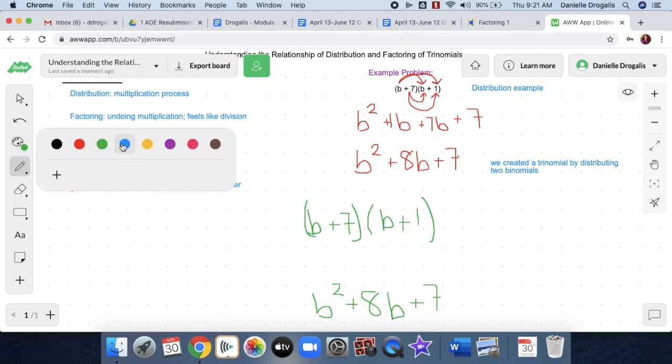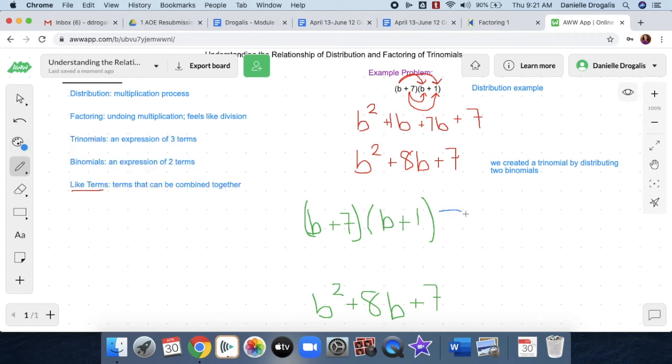That process of going from 2 binomials to 1 trinomial, that's called factoring. Or sorry, that's called distribution. I should have typed this so it would be faster. I'm just going to do that real quick. Okay, that's called distribution.